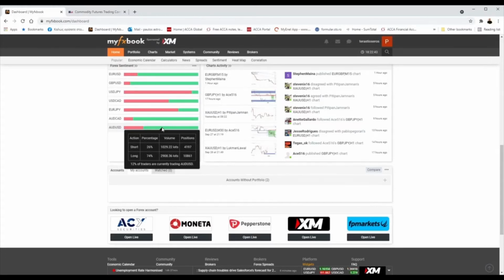Most of the retail traders take a decision based on their analysis and their technical tools, and that's why it's also important to take in consideration their opinion. Of course, it doesn't mean that you always need to go to the opposite side. It doesn't mean that you always need to take opposite trades.